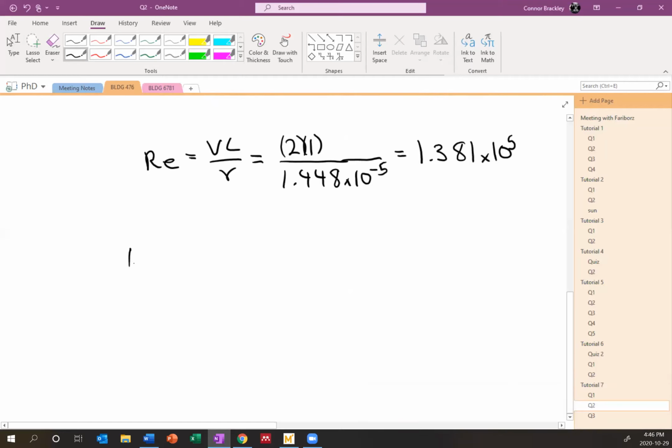So our Nusselt number, using that same equation as last time again. So we know Reynolds number because we just calculated it, and we know Prandtl number because we found it on that table at the beginning of the question. So this is 222.5.